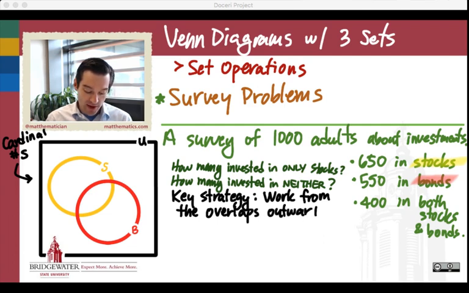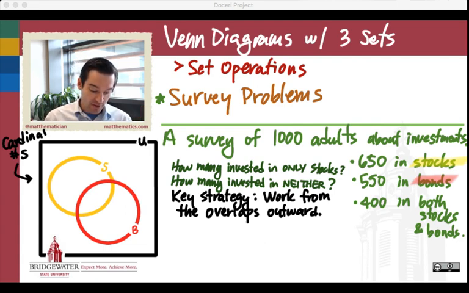So in our two-set Venn diagram, we're going to start by looking at the region where my two sets overlap one another. Then we'll work our way one step out and ask, all right, how many elements in the yellow set, S here, don't belong to this overlap? How many elements in the red set don't belong to this overlap? And then our last step will be to work our way all the way out of both of those and figure out how many people are in the universe but are in neither the set B nor the set S. So we're going to work from the overlaps outward.